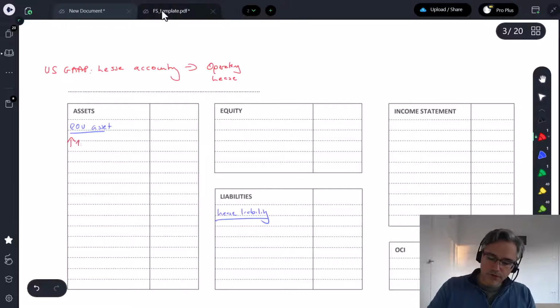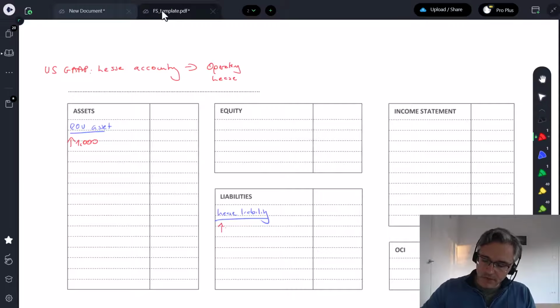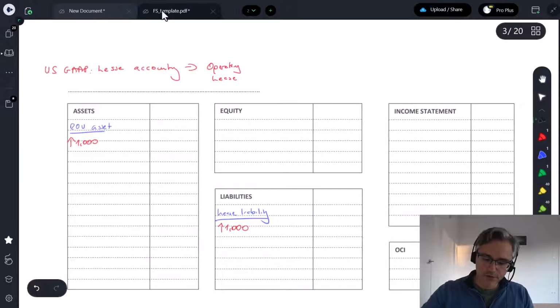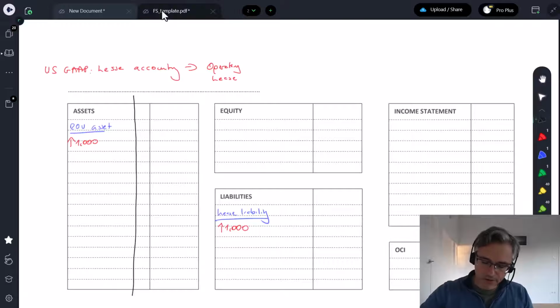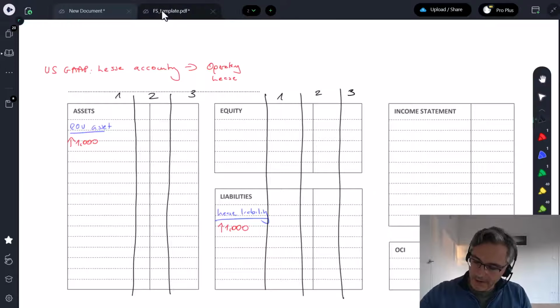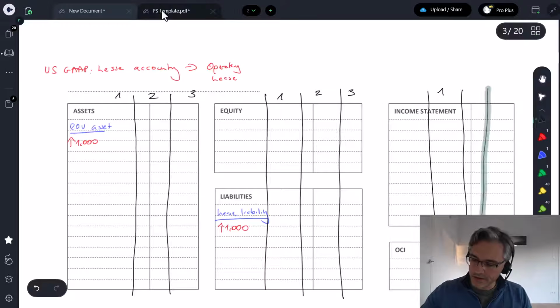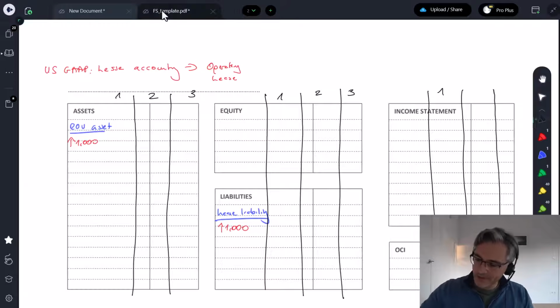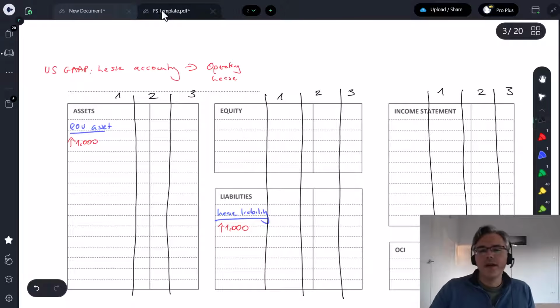Using the approach we had before, that would have been 1,000, because that is still the PV, the present value of all the future lease payments, discounted using some assumed rate, which if you need to do this in the exam, you'll be given. Don't worry about having to find this out yourself. Now, as you can see, I'm making the columns for years 1, 2, 3. We are going to need these.